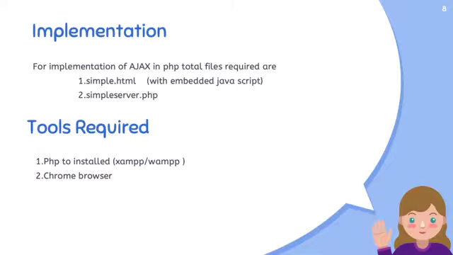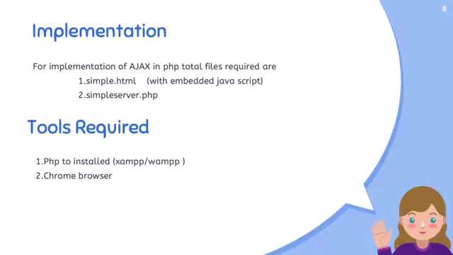All these things are maintained in simple.html. Next, we need to send the data to the server, so we need a server language. Here we are going to deal with PHP. So on the server I have written a file called simple server.php. So for implementing these Ajax calls, we are going to develop 2 pages: simple.html and simple server.php.